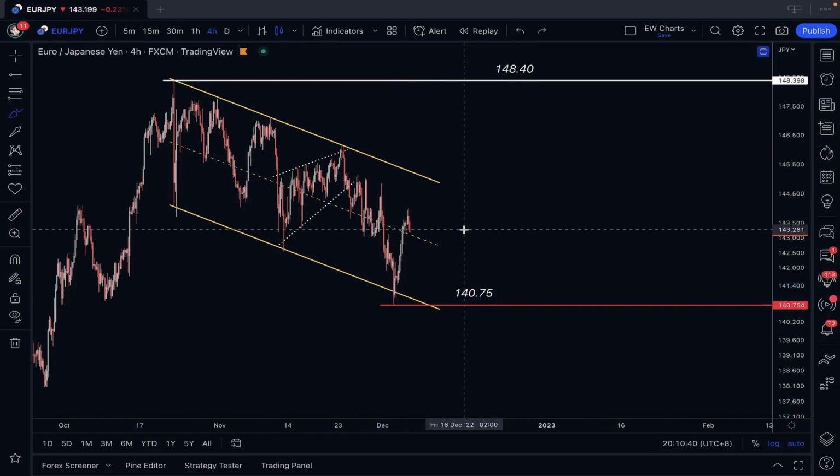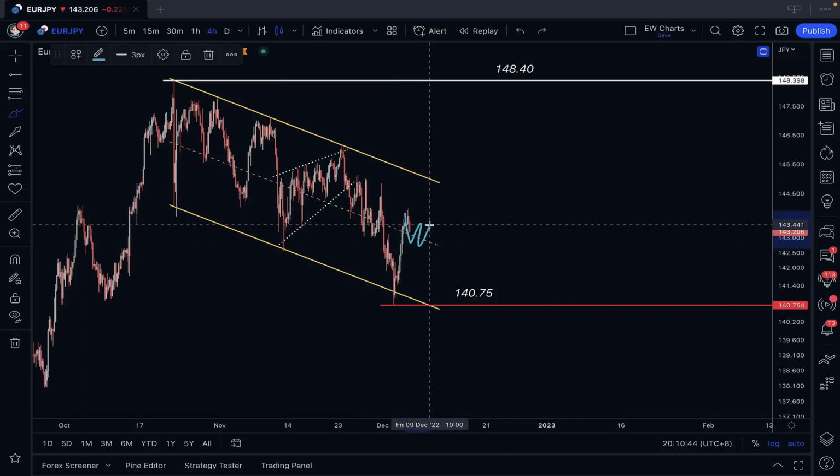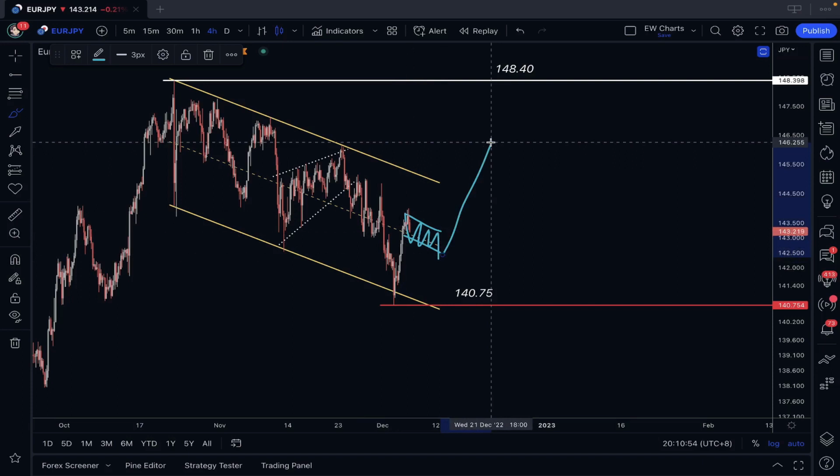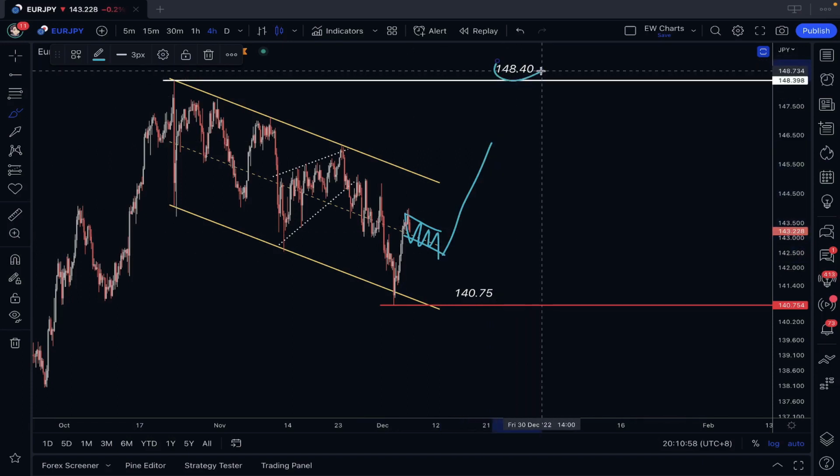Right now we're holding a slightly bullish perspective, and if we can get a correction that comes down like that, this might take some time, perhaps going into even next week. If you can see a corrective structure, then this trade to the upside is very neat, because our final target here will be around 148.40, a huge upside potential.